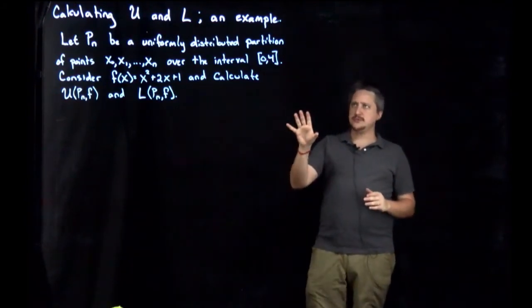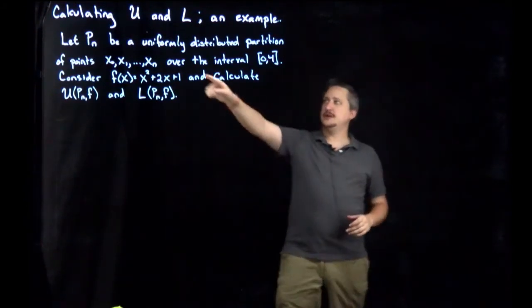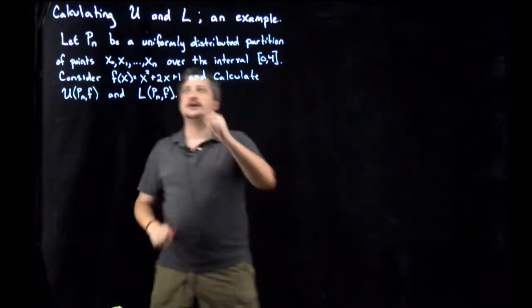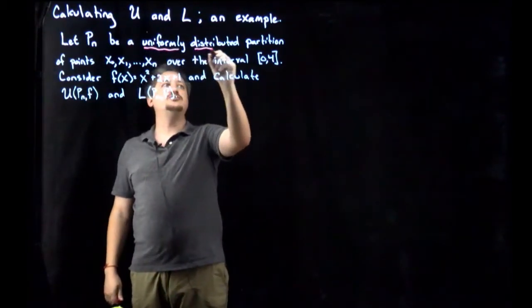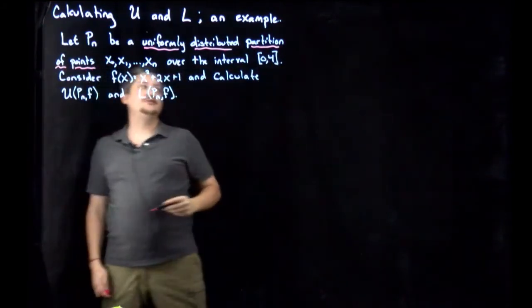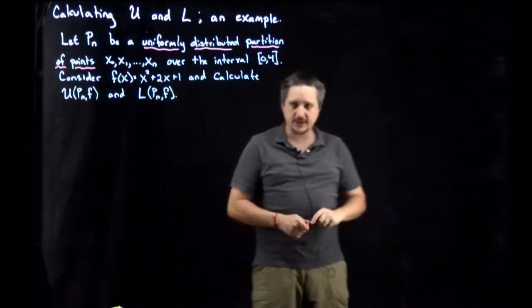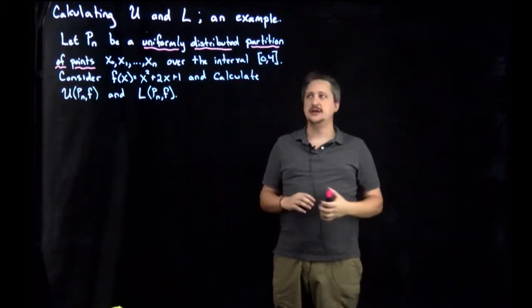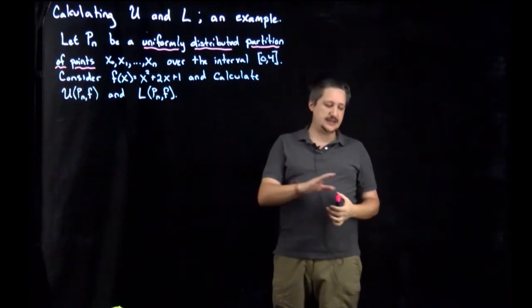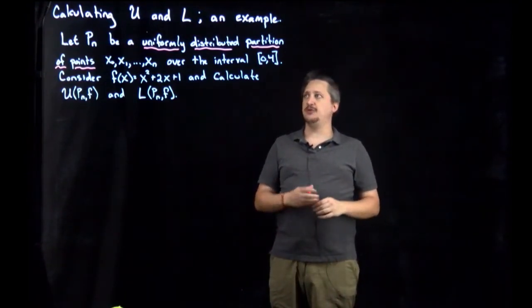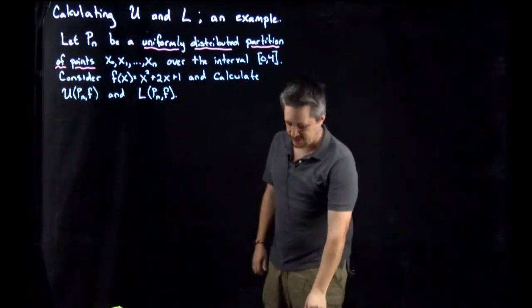So as a quick footnote here, this phrase here, maybe underline it, uniformly distributed partition of points. This is very common to see in the literature and in a lot of other settings. I didn't see it much in the book that we're using right now, but I want to draw your attention to it, and we'll go over what this means.